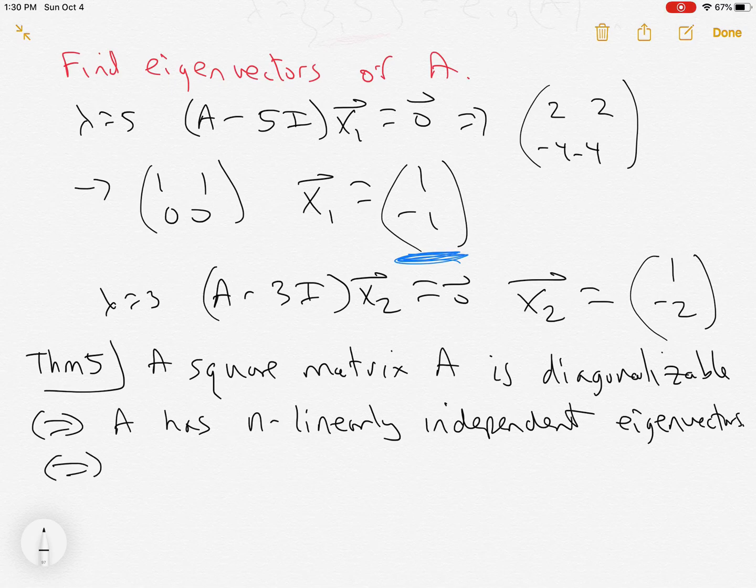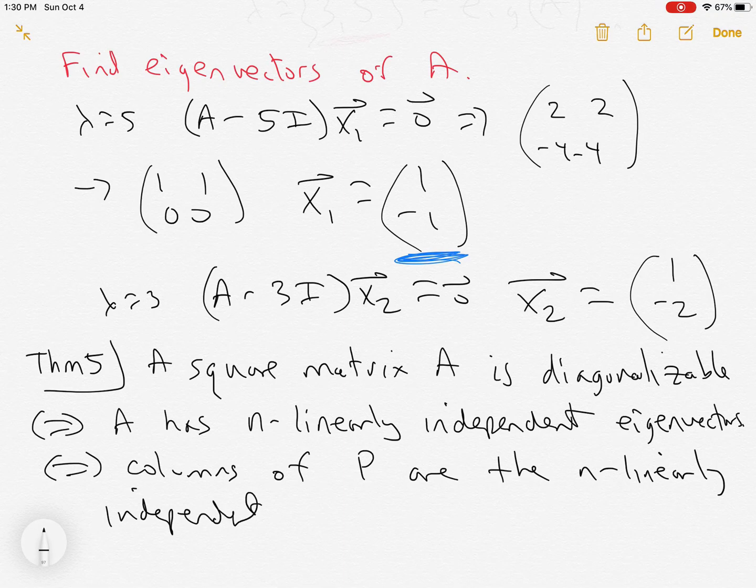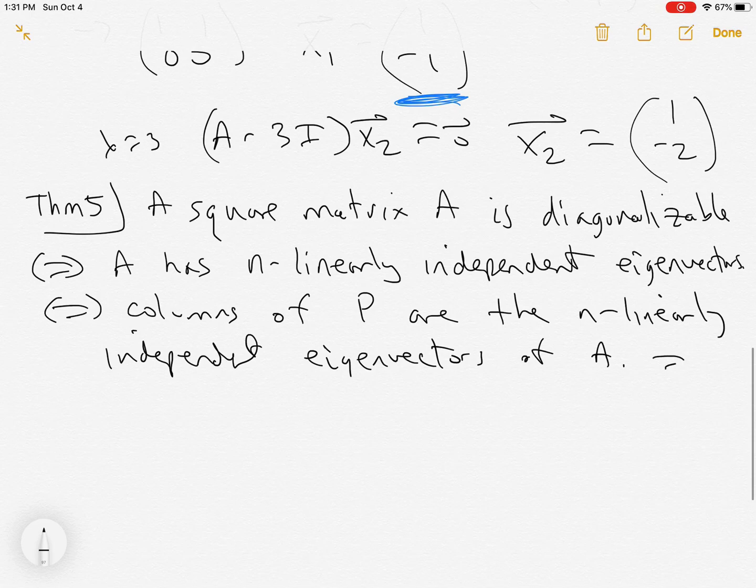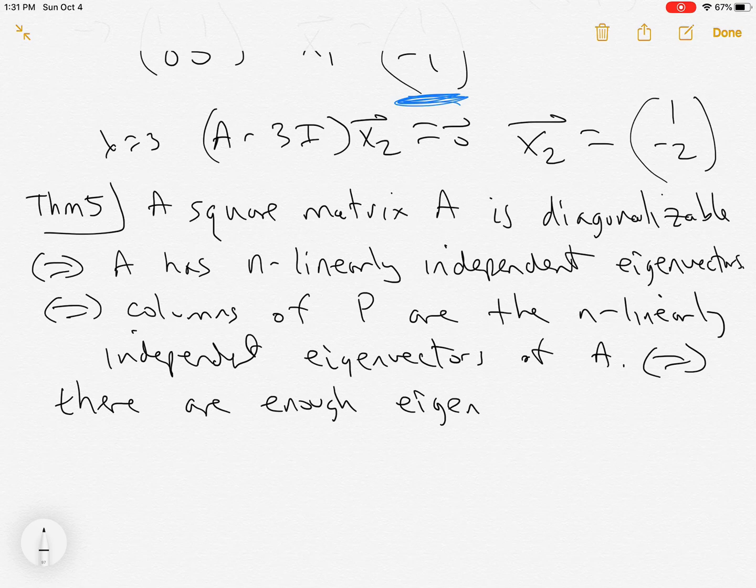And this is true if and only if the columns of P are the n linearly independent eigenvectors of A. And this is true if and only if there are enough eigenvectors to form a basis for R^n.